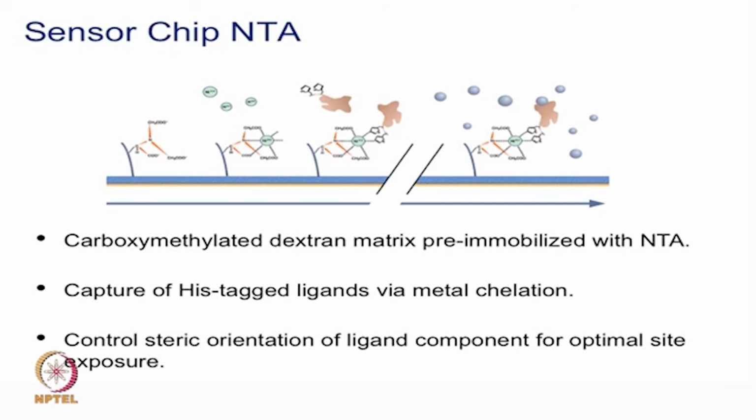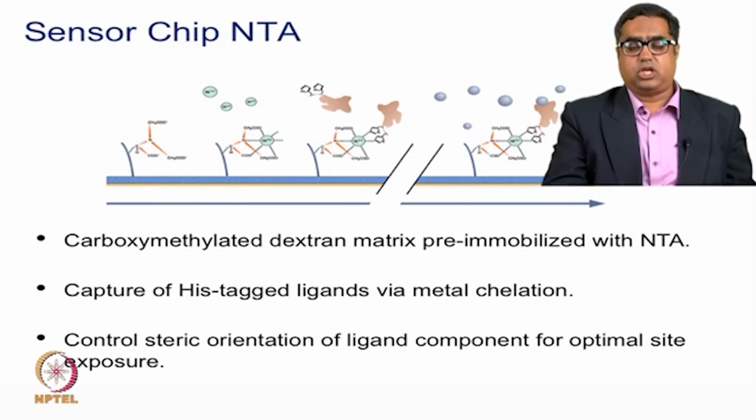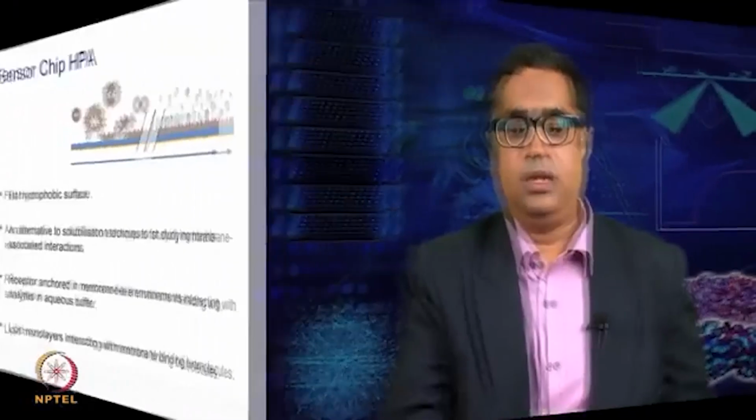These histidine tagged molecules bind to NTA when the NTA is charged with nickel solutions or copper solutions. And these molecules generally help to control the steric orientation of the ligand for optimal exposure of your ligand. Another very important variety of chip surface is HPA.